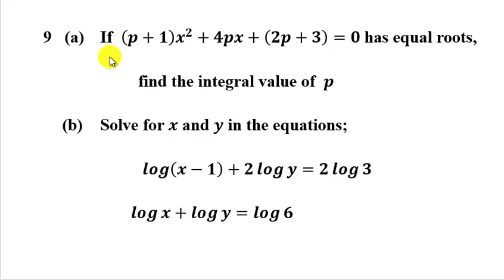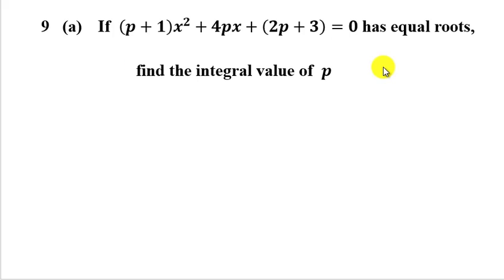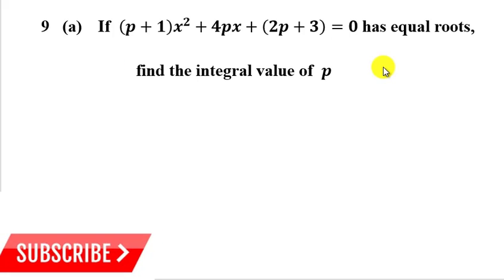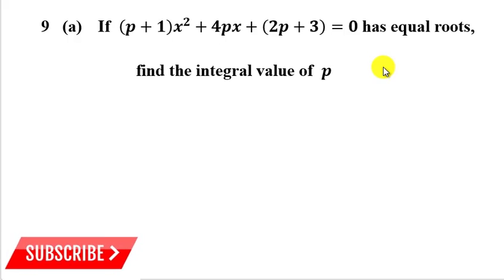For A, you have been given an equation. This is in the form of a quadratic equation. The question is saying that if this quadratic equation has equal roots, you should find the integral value of p.